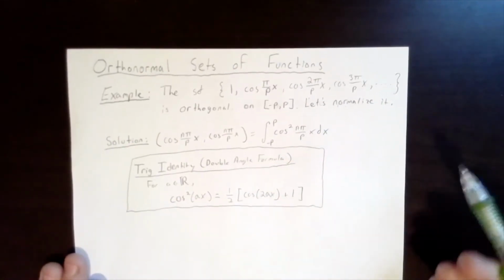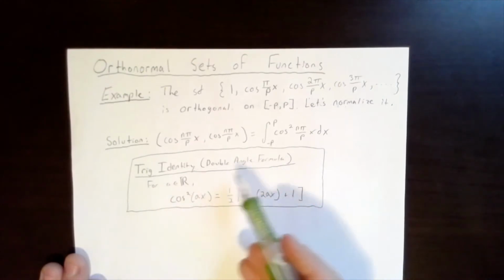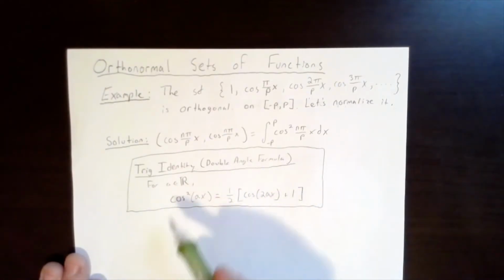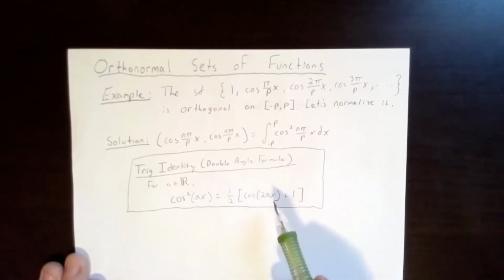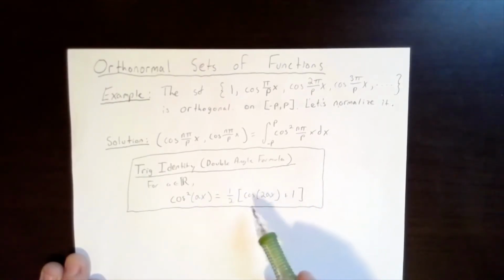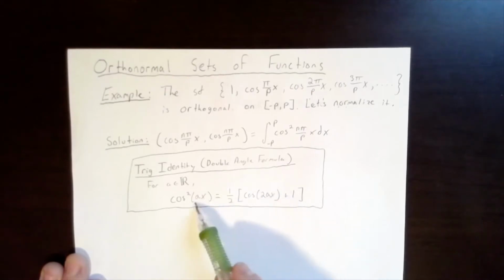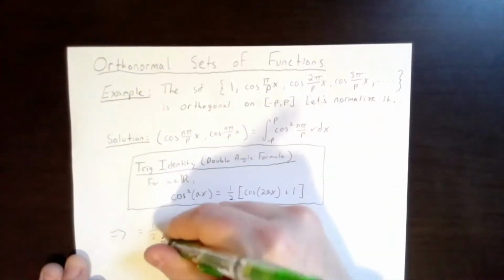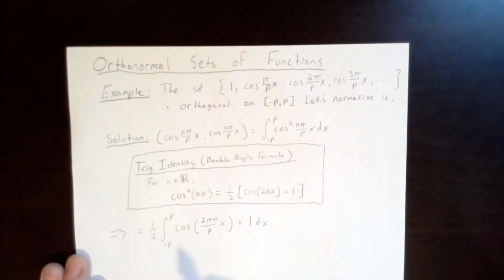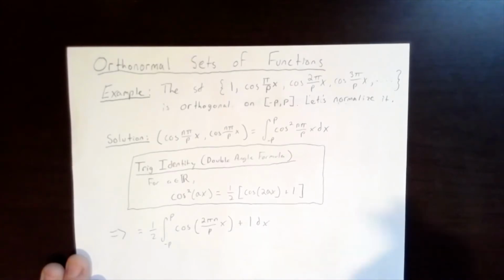In order to evaluate this, we can turn to this trig identity, or double angle formula. If a is any real number, then cosine squared of ax is equal to 1/2 of cosine of double this angle plus 1. Applying this trig identity, we arrive at an integral which we can easily calculate directly.